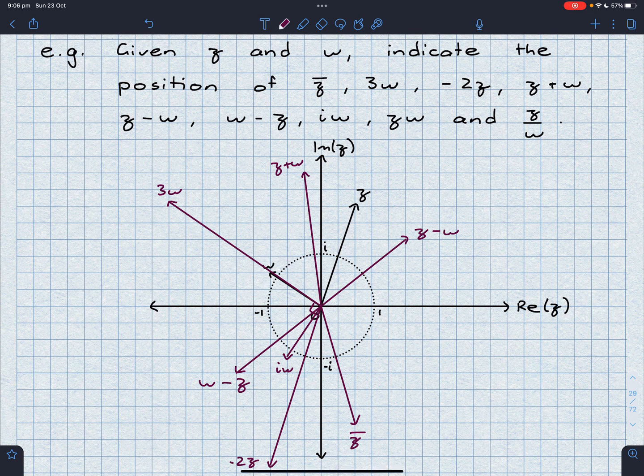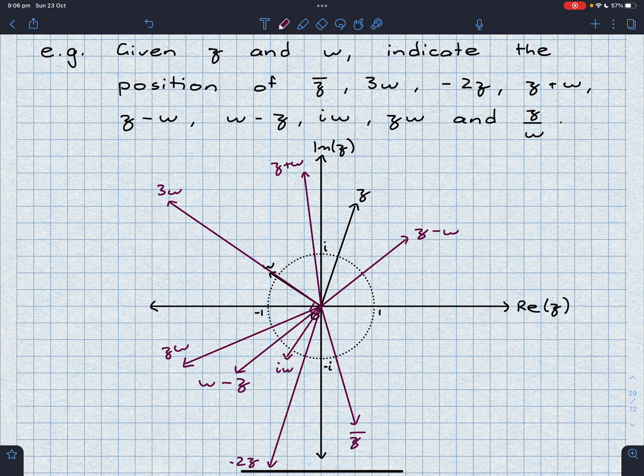So w is only slightly longer than 1, which means z will just get slightly longer. I have to add this angle to this angle. So when I do that, I'm going to end up somewhere over here, slightly longer than z. Those two arguments added together.